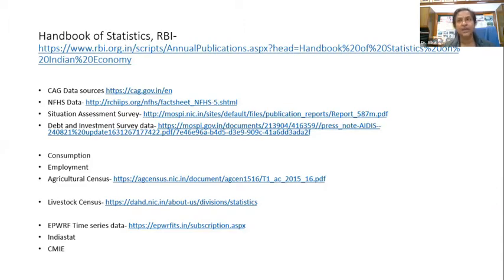The advantage is that you can have all the data in one place, not only from MOSPI but from various other financial market data also, which is mainly dealt with by the Reserve Bank of India. So here I have given the link.